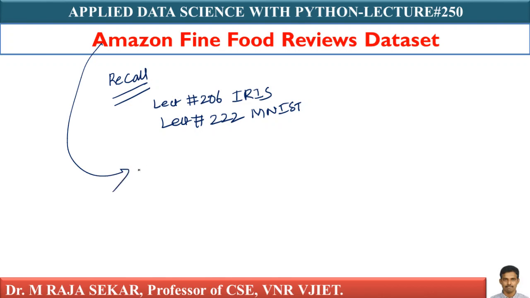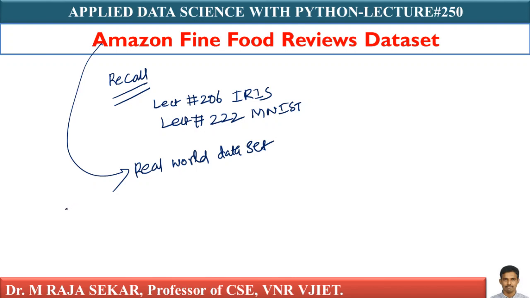This is a real world data set. We will look at this real world data set, and try to understand many machine learning algorithms with the help of this particular data set.